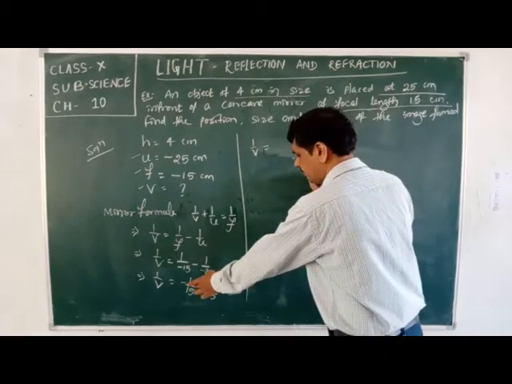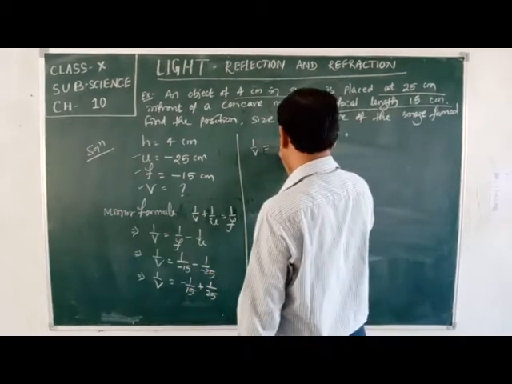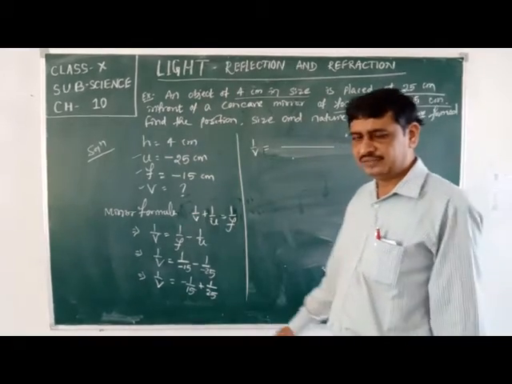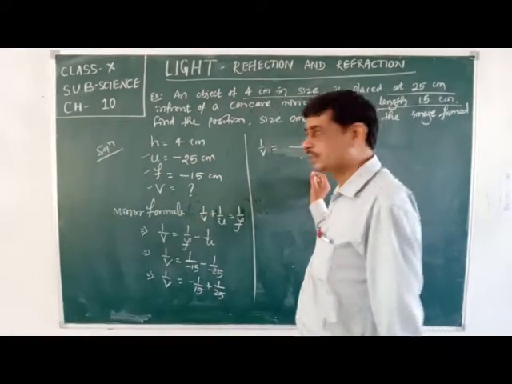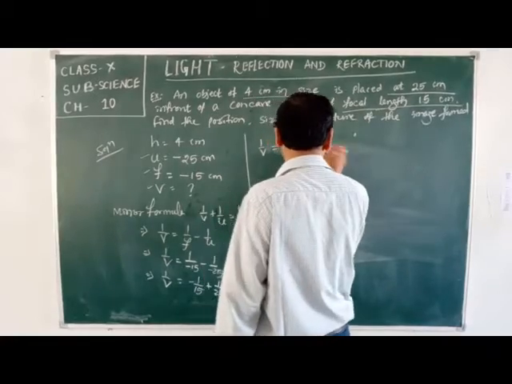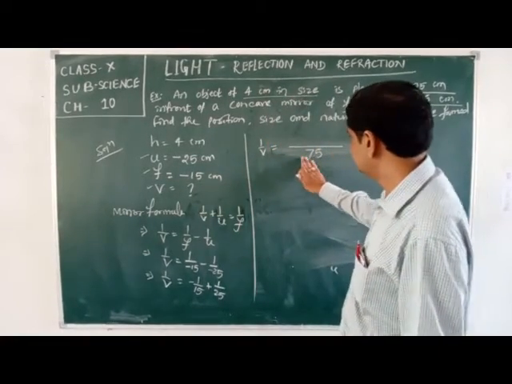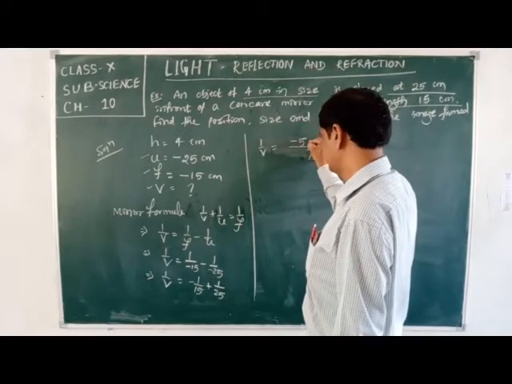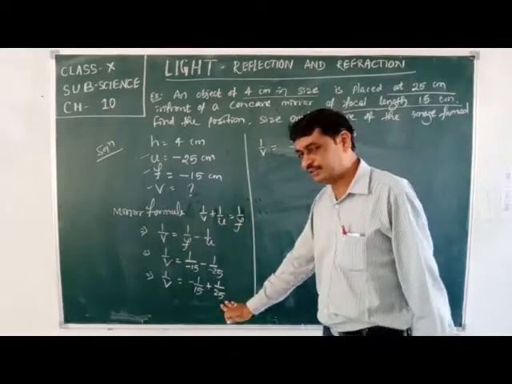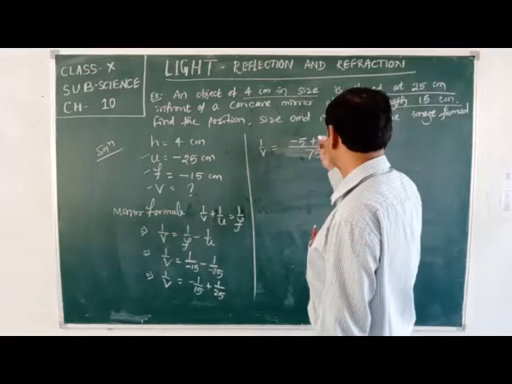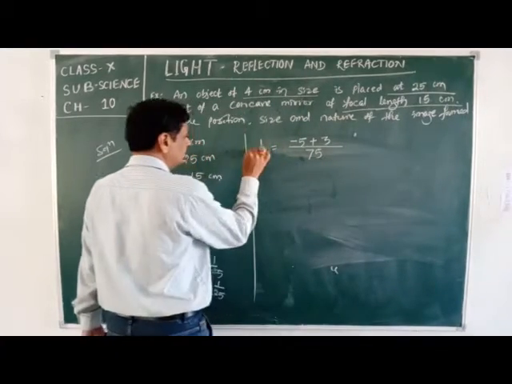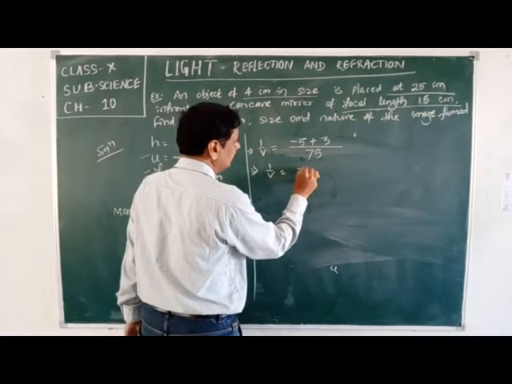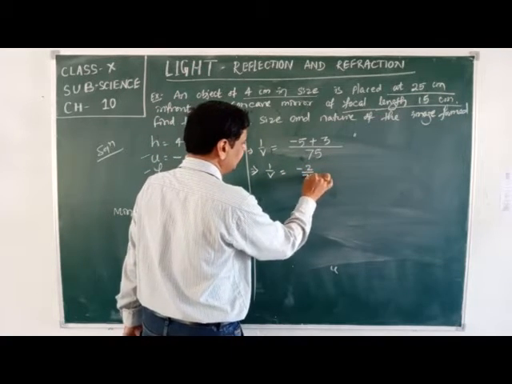Now 1 by v is equal to the LCM of 15 and 25, that is 75. 75 divided by 15 is 5, so it becomes minus 5, plus 75 divided by 25, that is 3. So 1 by v is minus 2 by 75.